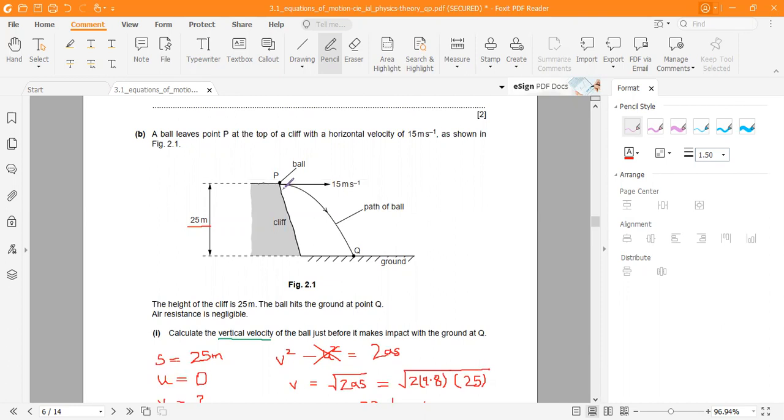This is your initial position, this point, and this is your final position. The difference between them is this distance. This is what they are asking for. We already know this height, 25 meter.